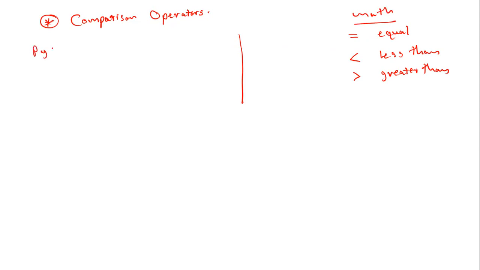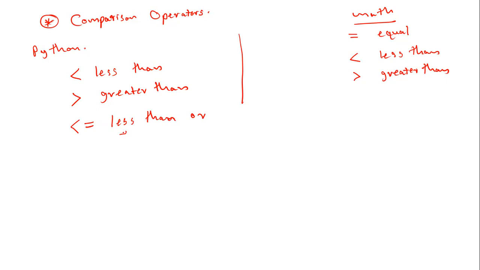In Python, how do we do that? It is less than. And this is greater than. This is less than or equal to. Greater than or equal to.